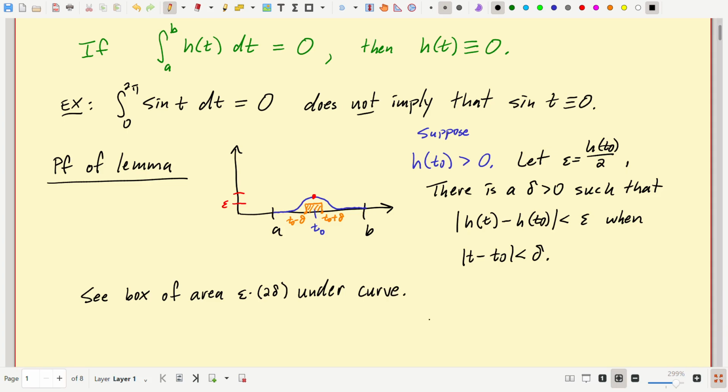So we get the contradiction. The integral from a to b of h of t dt is greater than epsilon times 2 delta, and of course that's greater than 0. And that's a contradiction. So my assumption that there's a spot where it's not 0 is wrong.